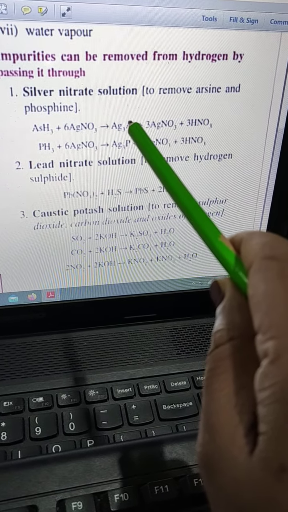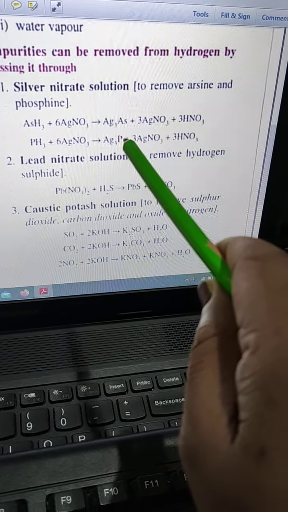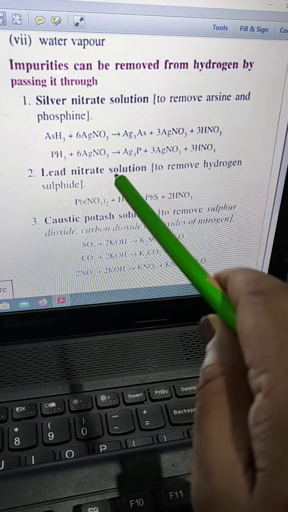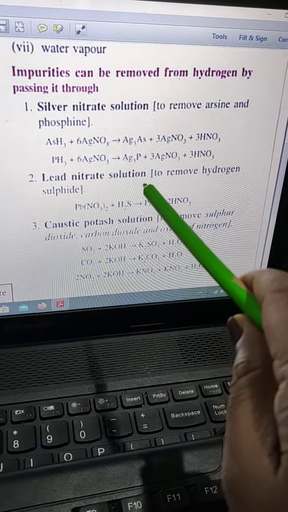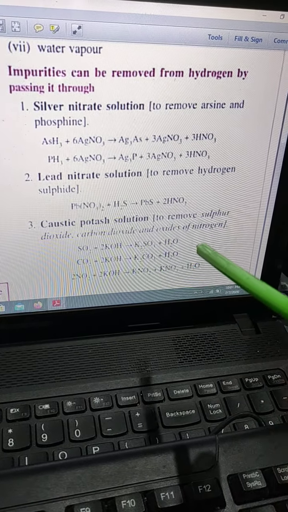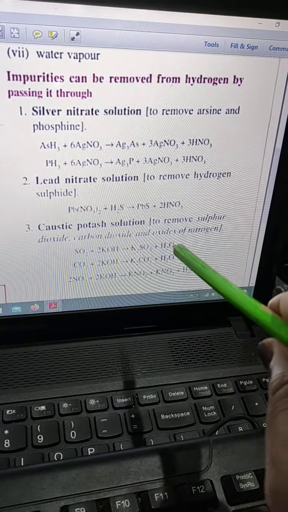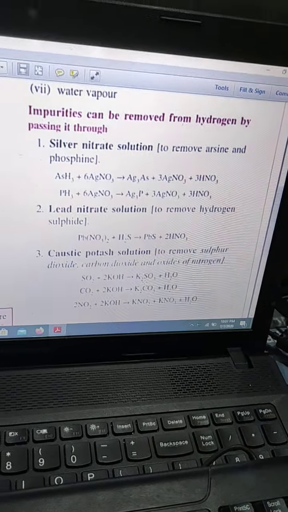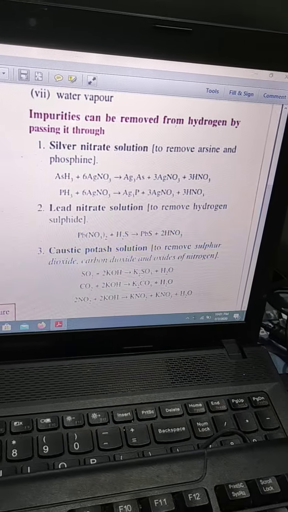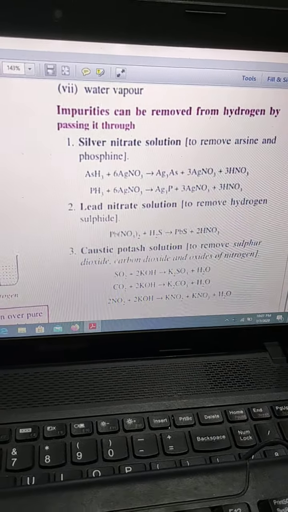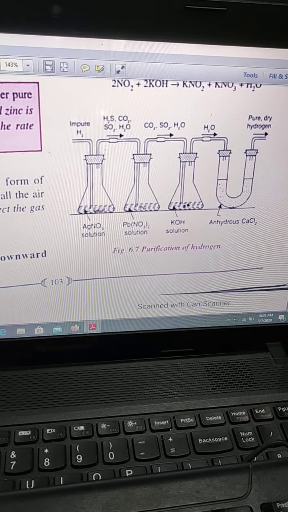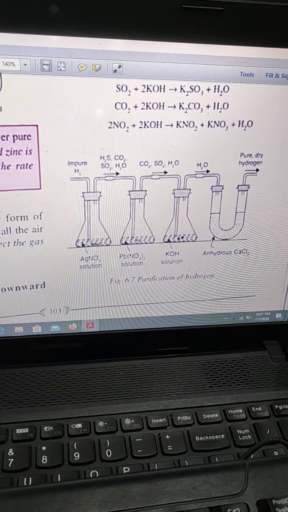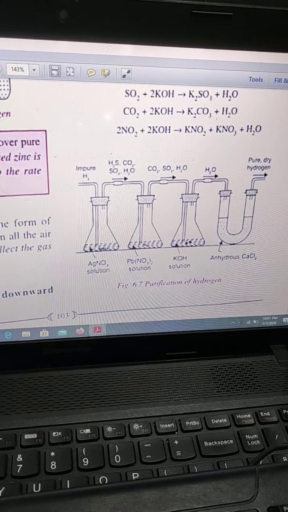Similarly, to remove hydrogen sulfide, you need to treat it with lead nitrate solution. And for removal of sulfur dioxide, carbon dioxide and oxides of nitrogen, you need to treat with caustic potash solution, that is potassium hydroxide. In this way we can purify the hydrogen.